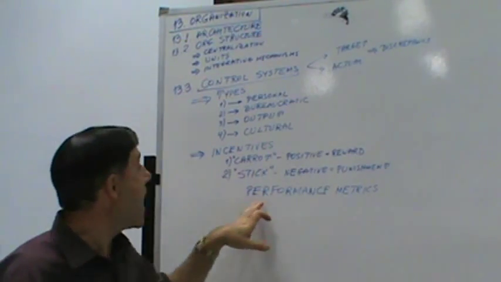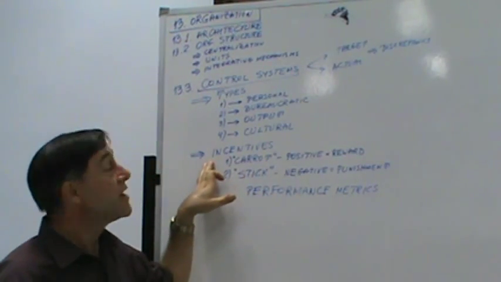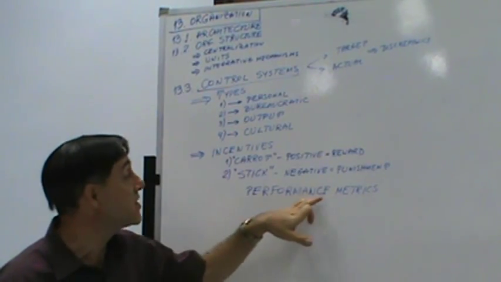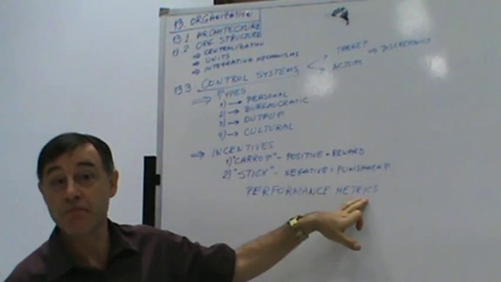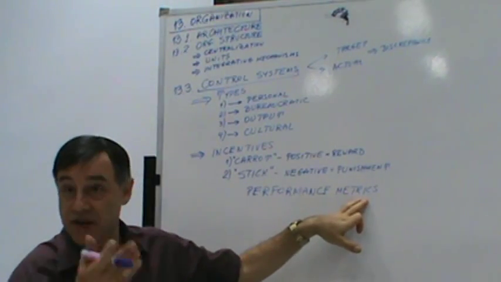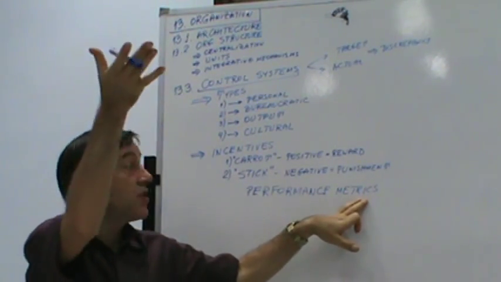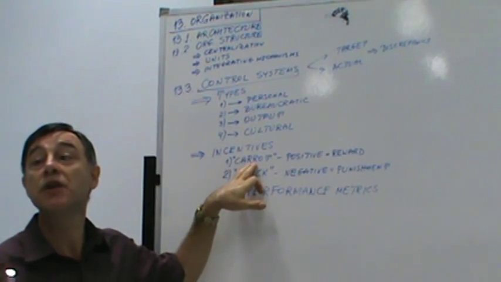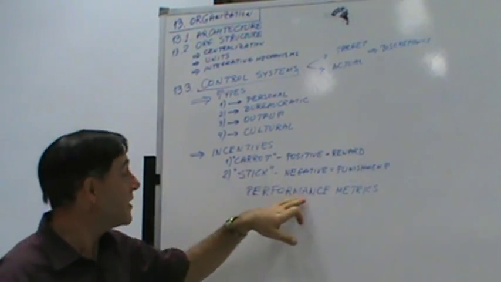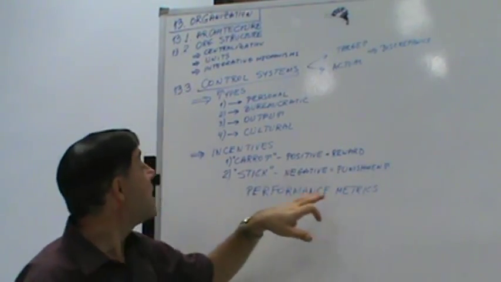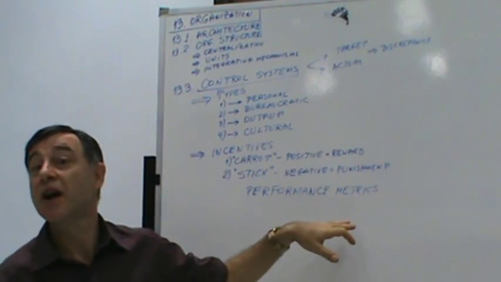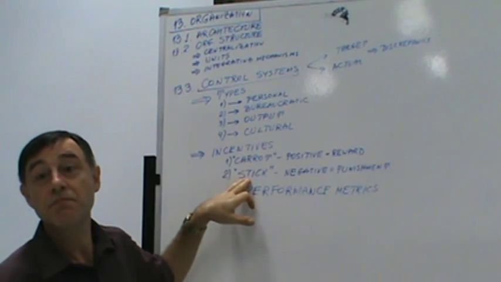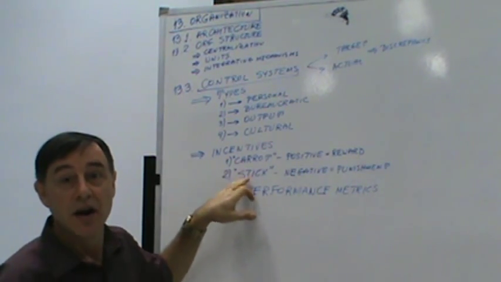So the point back is that you design the incentives, you tie them to specific performance metrics, and if a certain metric is met, you may have a carrot, like the annual bonus. But at the same time, if the metric is not met, you're going to get some sort of a penalty, okay?